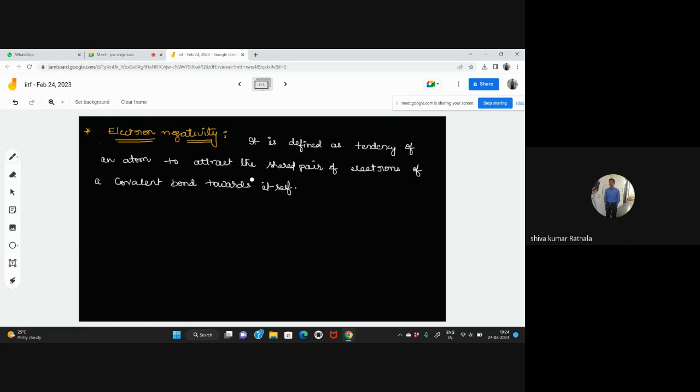Okay, so in a covalent bond, the ability to attract the shared electrons towards itself is called electronegativity.